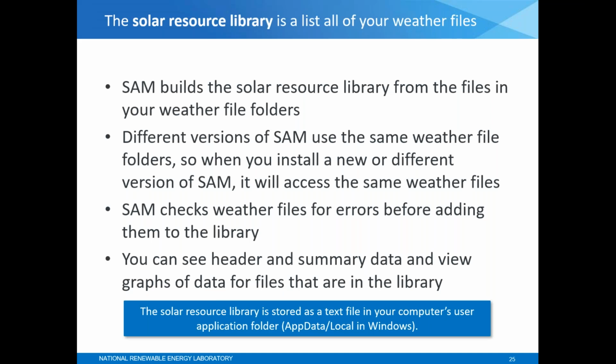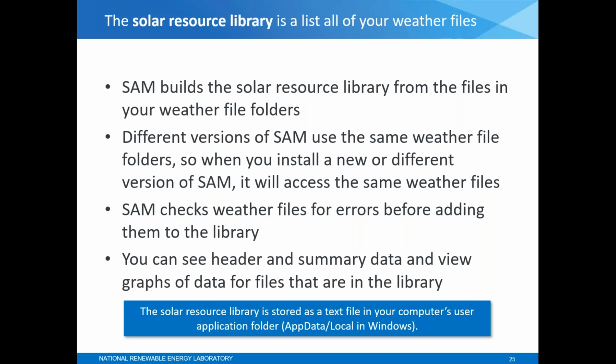And the benefit of using the Solar Resource Library is that if you have different versions of SAM installed on your computer, they'll each scan the files in your solar resource folders and create a library. So it makes it easy to access the same weather files from different versions of SAM.